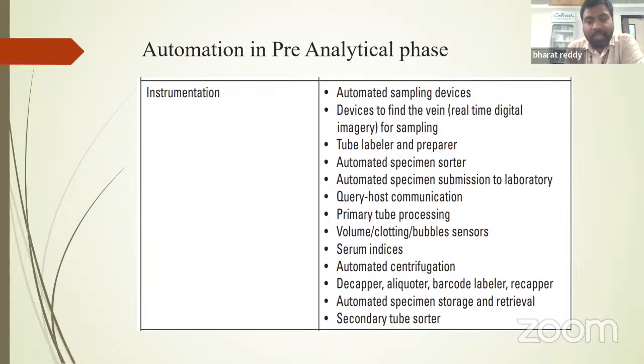We are using these infrequently, and that's why the errors are more in the pre-analytical phase, that is 60 to 68%. These are the new inventions which we can use in our laboratory to reduce the pre-analytical errors.